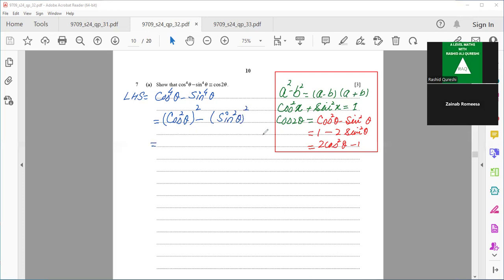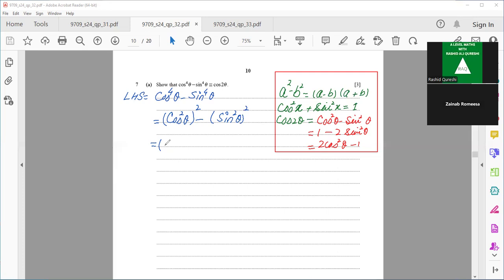As in the first formula written in the rectangle on the right hand side of this sheet, there are two squares and a minus sign between them. This means you have to apply the first formula and make two brackets with a sign of multiplication.